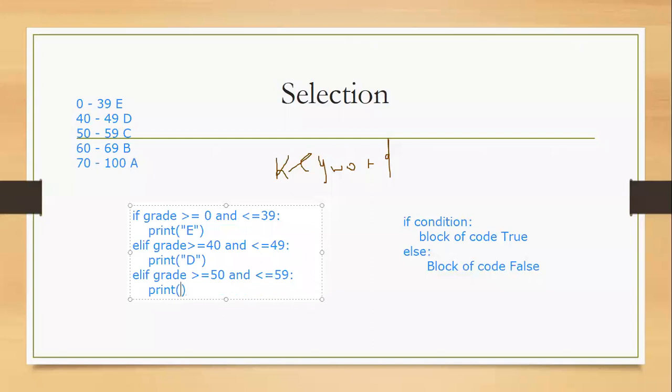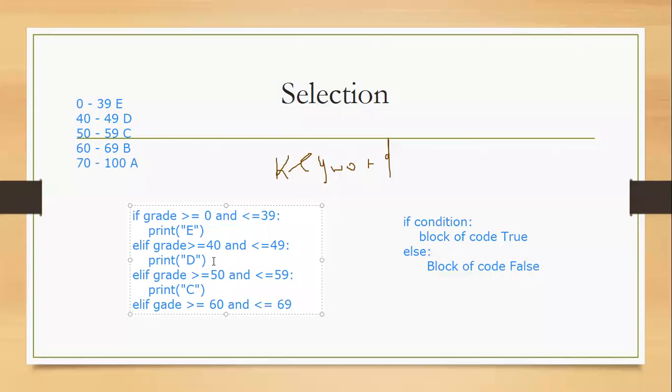Then I'll have my C. Then another elif, grade is greater or equal to 60 and is less or equal to 69.